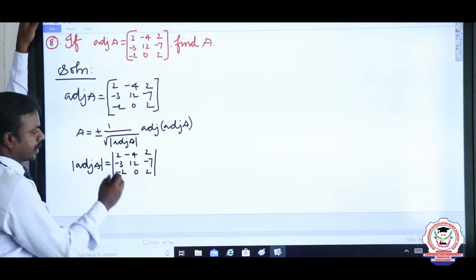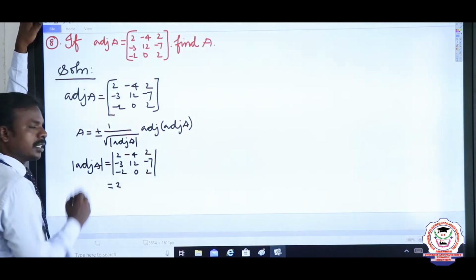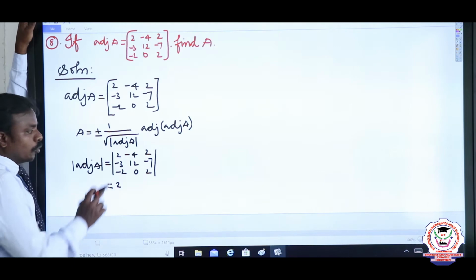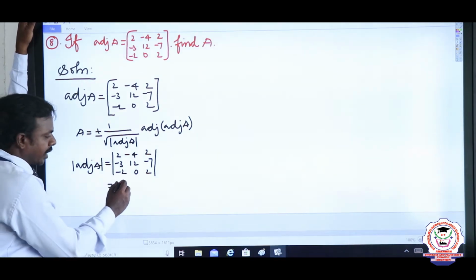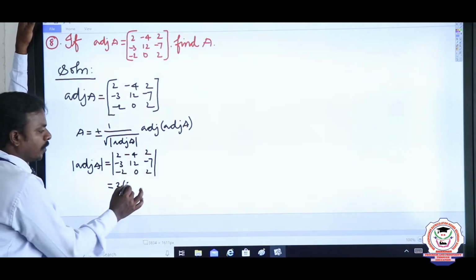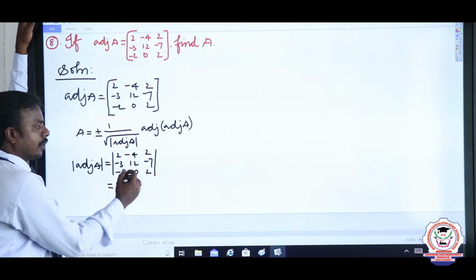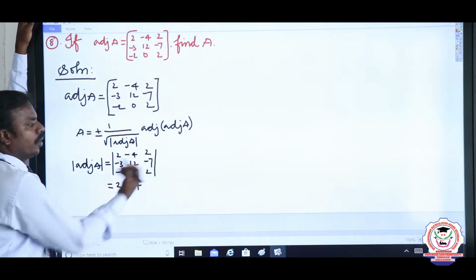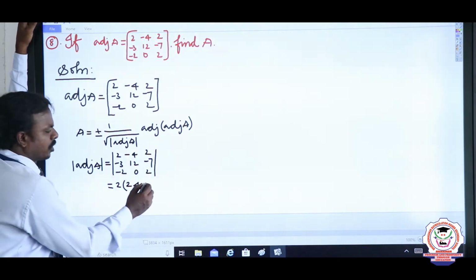First element 2. Omit the first row and first column, and write the determinant of the remaining elements. 12 twos are 24. While taking the other diagonal multiplication, we should keep minus, so 0 into anything is 0, no need to write.